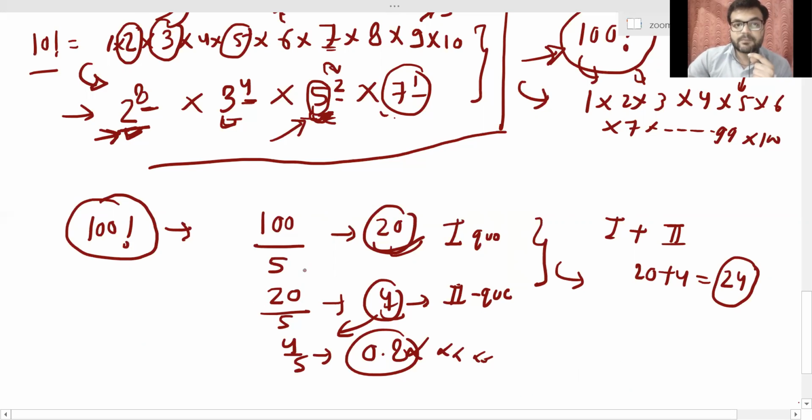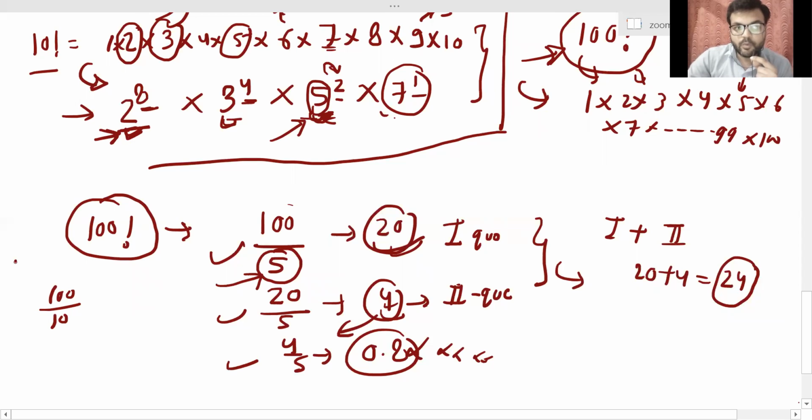Got it? And guys, please keep this in your mind, that this shortcut, this rule, is only applicable for the prime numbers. I am asking you how many zeros you have, what is the maximum power of 10, but ultimately 5 is the deciding number. That is why you're dividing 100 by 5, not by 10.